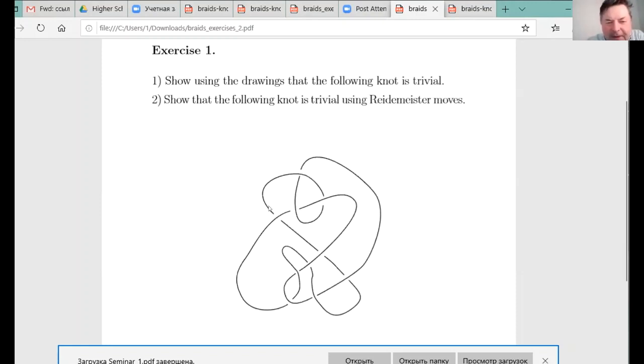For example, your move, Natalia, will be the following. If you can stop your demonstration, we first of all make the following thing. Do you see what I'm doing?